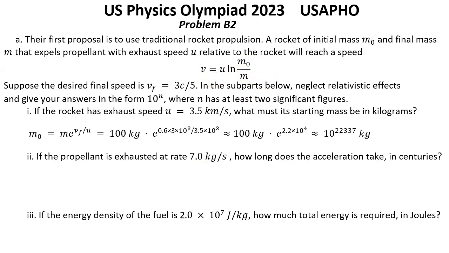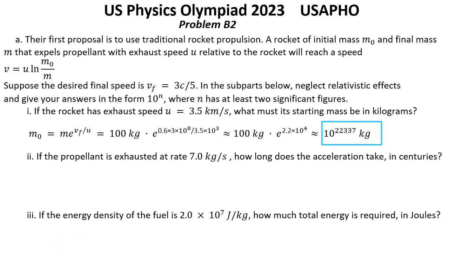So that will be m0 equal final mass m multiplied by exponent power v final over u exhaust, which is equal 100 kg multiplied by exponent power 2.2 multiplied by 10 power 4, which is approximately 10 power 22,337 kilograms.